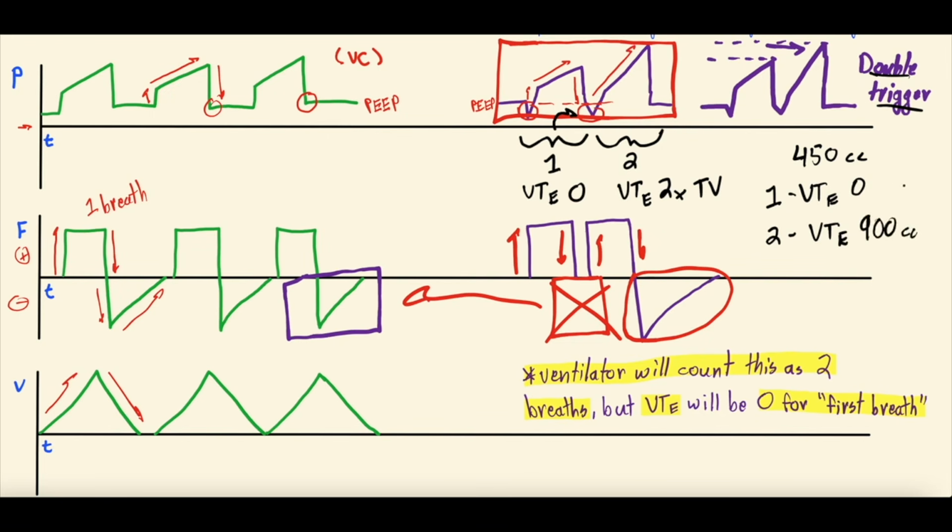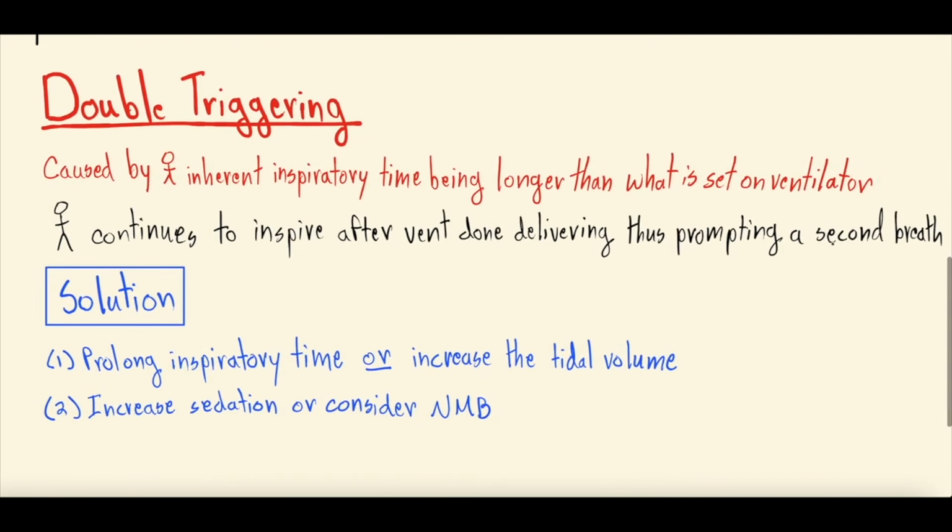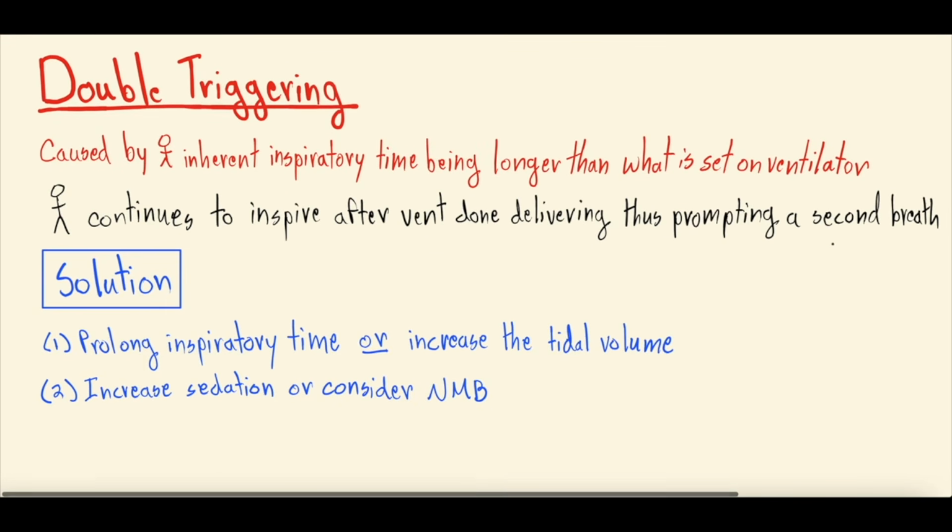It's about, it's not exact, because they got essentially 2 full breaths without ever expiring. And we'll get into why this can be really problematic. So double triggering in general is diagnosed on your scalars, as we talked about. And it is caused when the patient wants to inspire for longer than the ventilator is letting them.